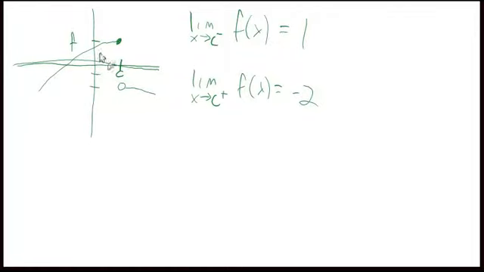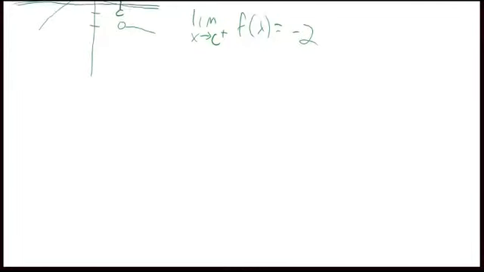That's what we call it, the left-handed limit. And this would be the right-handed limit. So we'd say something like the limit as x approaches c from the left of f of x is 1. The limit as x approaches c from the right of f of x equals -2. Okay, so that's just really nothing more than some new notation and the idea of a one-sided limit.